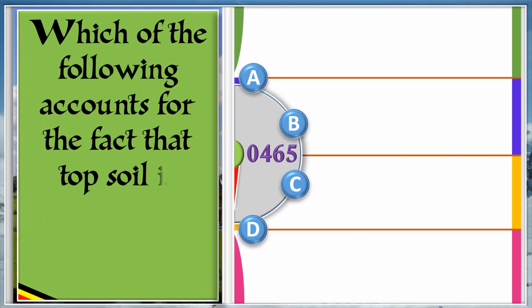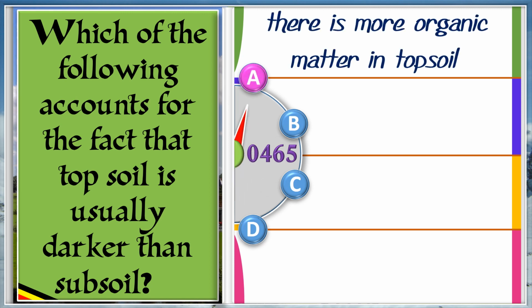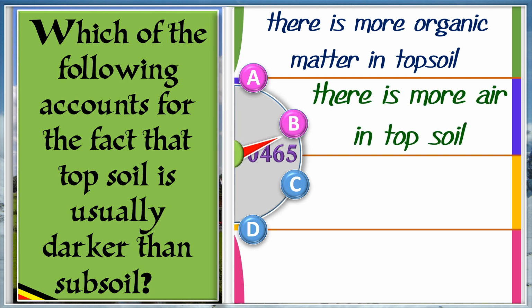Which of the following accounts for the fact that topsoil is usually darker than subsoil? A. There is more organic matter in the topsoil. B. There is more air in the topsoil.